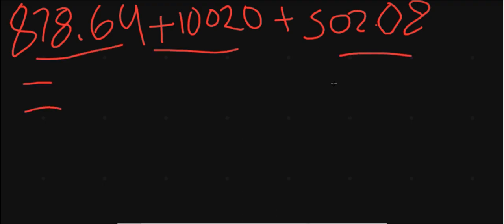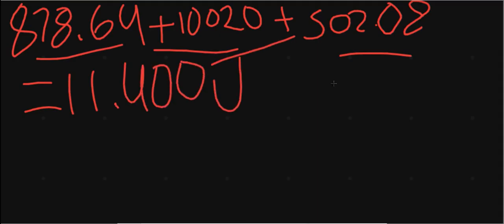This gives us a grand total of 11,400 joules, give or take. The chemistry teacher might get on to you about significant figures, but in this case, we'll just keep it simple.